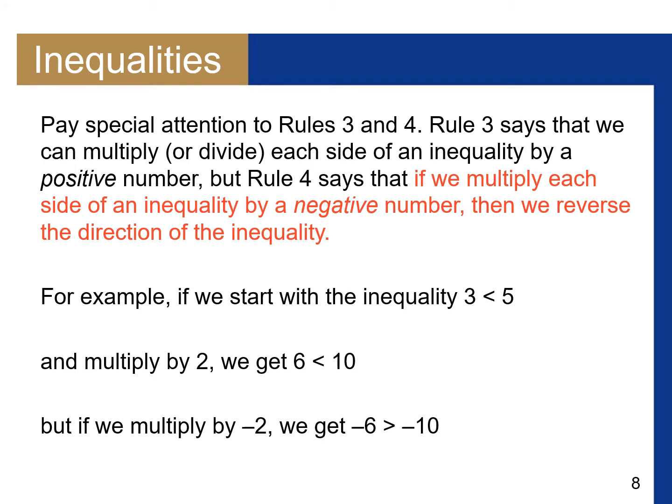Paying special attention to rules 3 and 4, we can multiply or divide both sides of an inequality by a positive, and again, the inequality symbol stays the same. But if you multiply both sides by a negative, then you have to flip your inequality sign to the opposite direction.